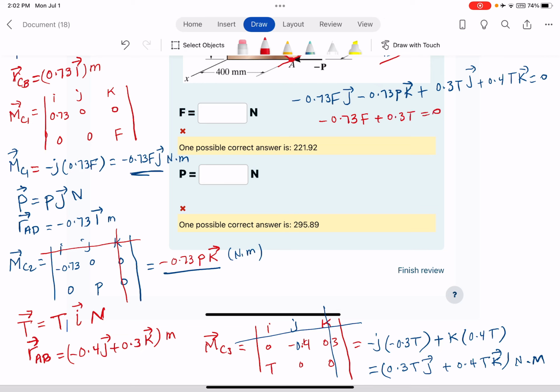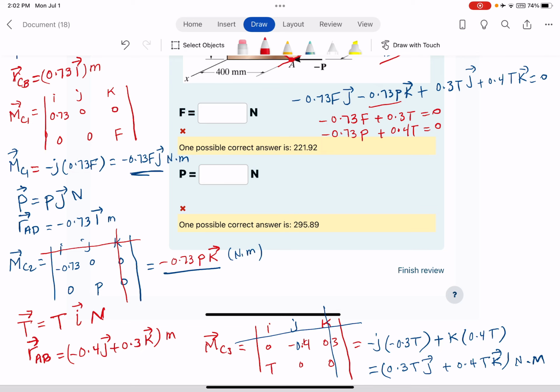Two unknowns, and this is one equation. Let's just do the other one. Minus 0.73 P plus 0.4T equal to 0.